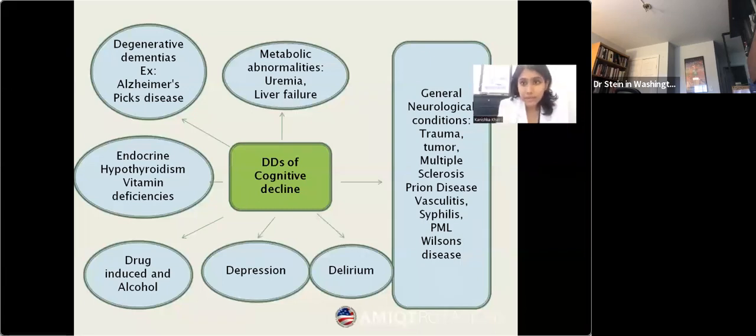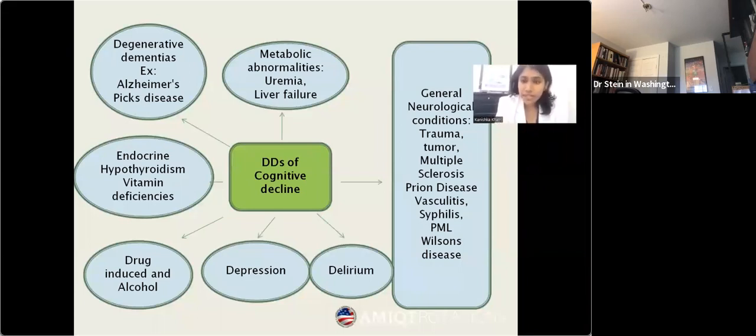And the next would be delirium, which is a waxing and waning kind of cognitive decline, which usually results abruptly. Cognitive decline can also happen in general neurological conditions like trauma, tumor, multiple sclerosis, Parkinson's, Wilson's, and etc.